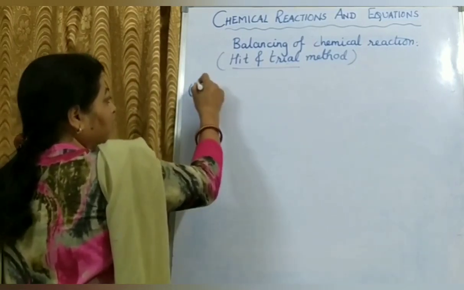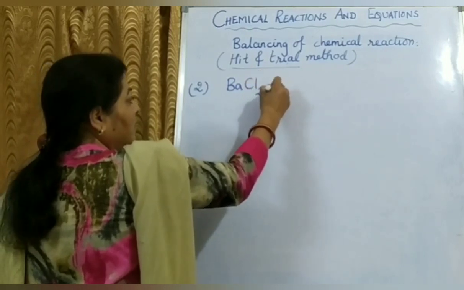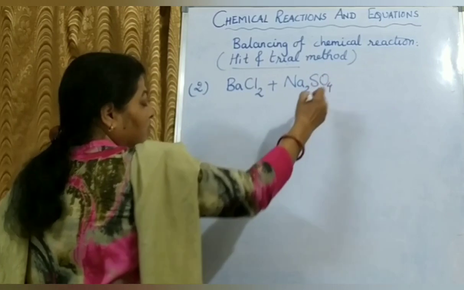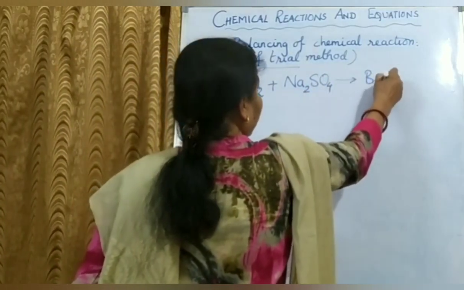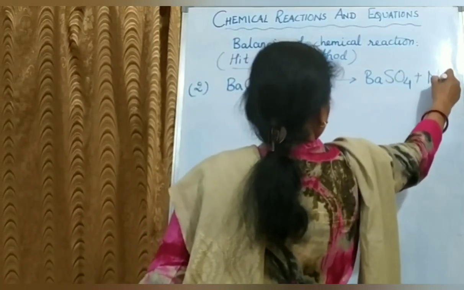Second example, we have barium chloride plus sodium sulfate gives barium sulfate plus NaCl.